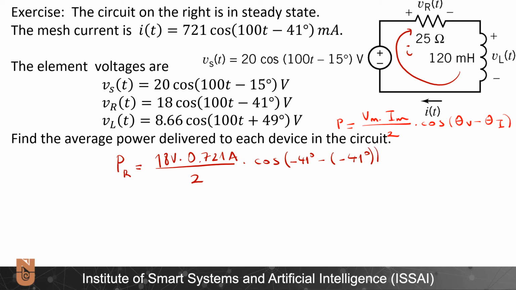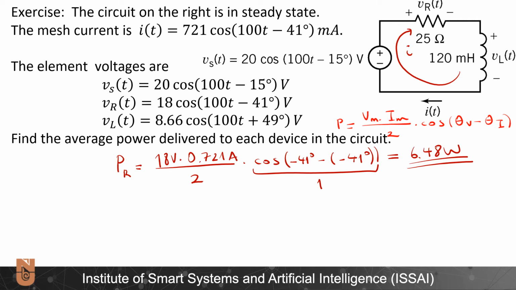So this will be simply equal to 1 because we have cosine 0, and the whole expression will be equal to 6.48 watts again. So basically the resistor will absorb all the power delivered by the voltage supply on average.